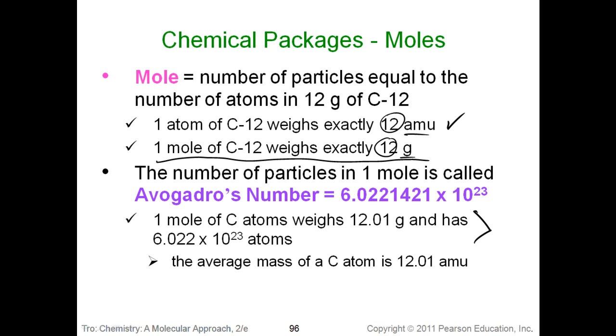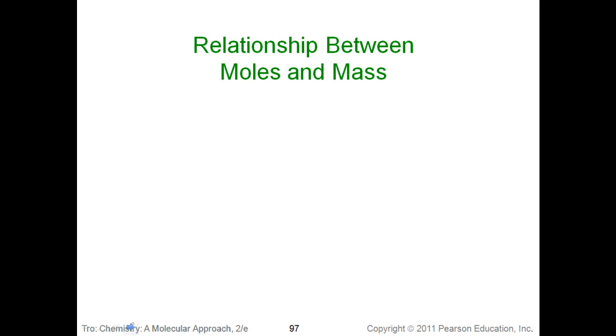And it is an average, so keep that in mind. But again, the whole reason this slide was important is that all of the atomic masses can now be thought of in terms of grams if you have a molar quantity of that substance. What's that going to do for us? It's going to allow us to calculate the number of atoms in a particular mass of an element.